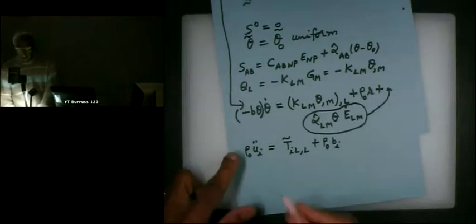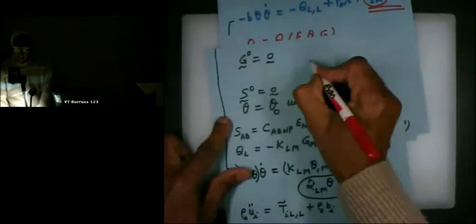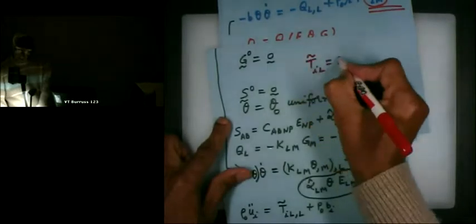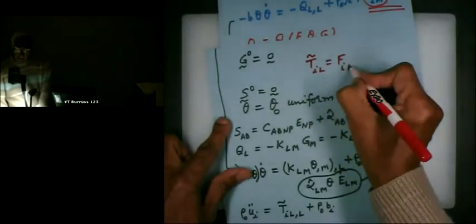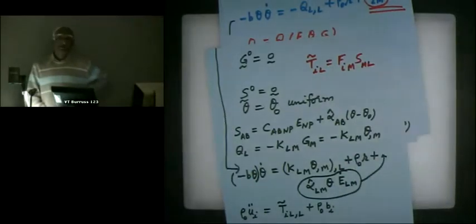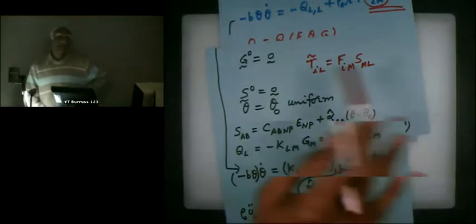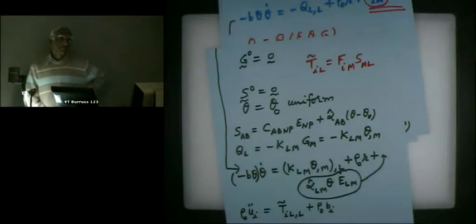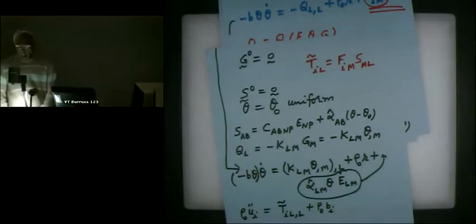Okay, so what is T_iL tilde? T_iL tilde is F_iM S_ML, because we defined S as F inverse T tilde. We defined S as F inverse T tilde. And what is F?